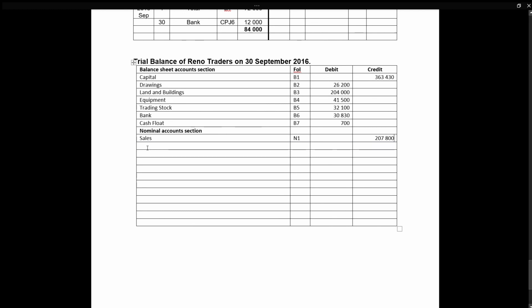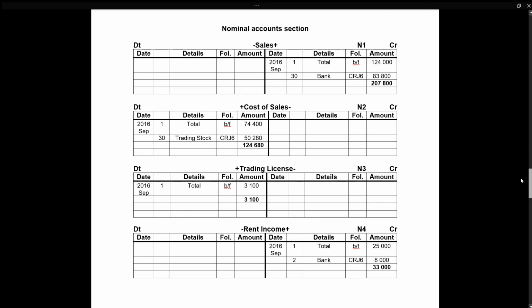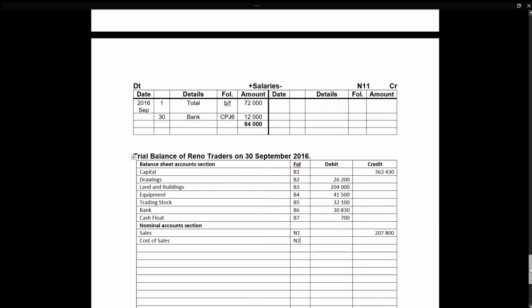Then cost of sales will be our second one. Sales and cost of sales will always go together, since the difference between the two will be my profit, right? So cost of sales is an expense account. It will have a debit balance. Cost of sales 124,680 Rand.